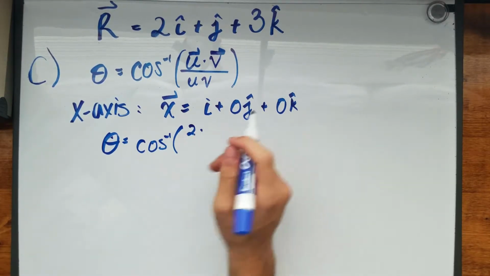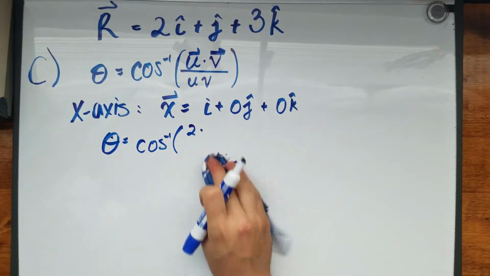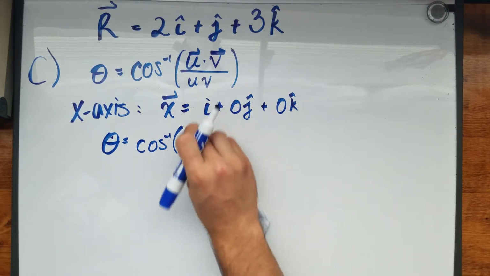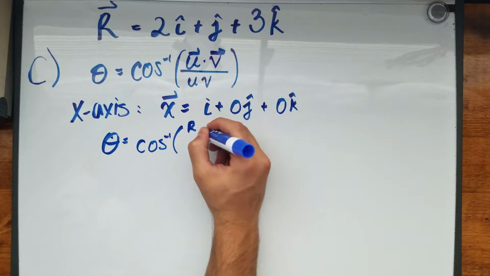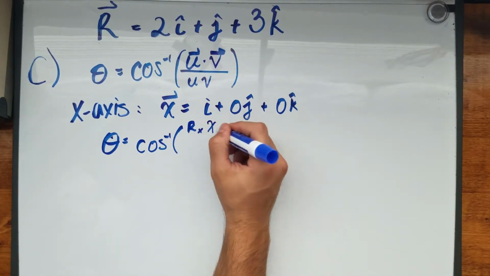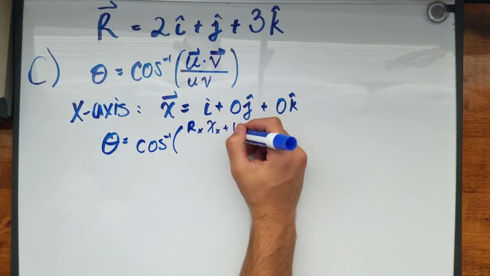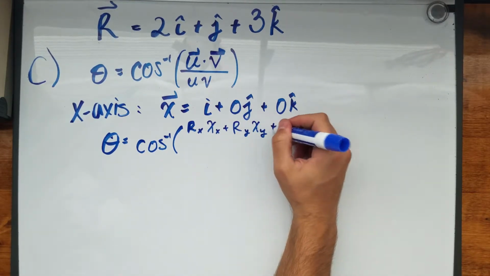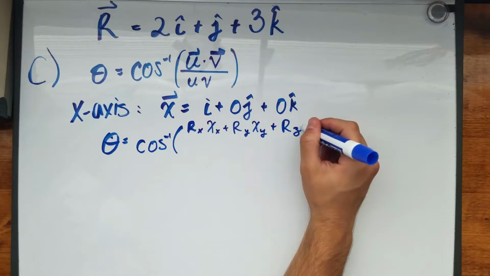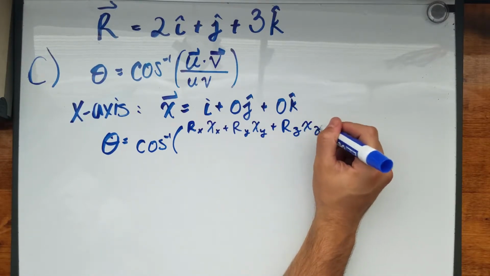So it will be inverse cosine of the magnitude of the x direction of r times the magnitude of the x direction of our x unit vector, plus that in the y direction, plus the multiple in the z direction.